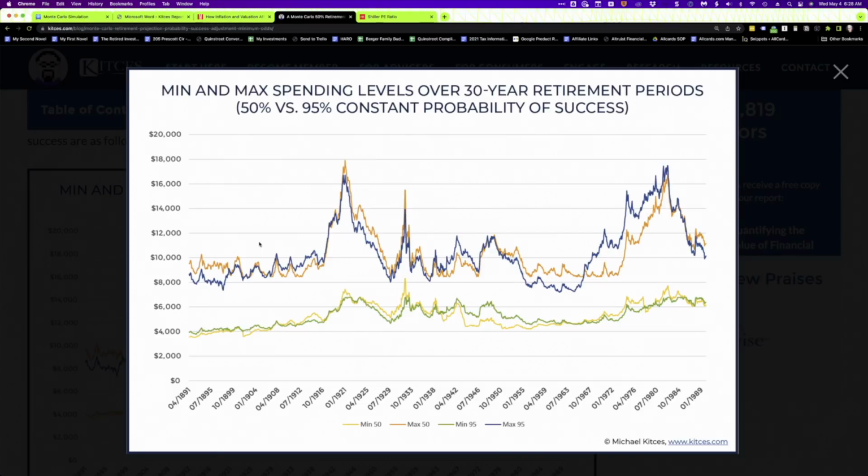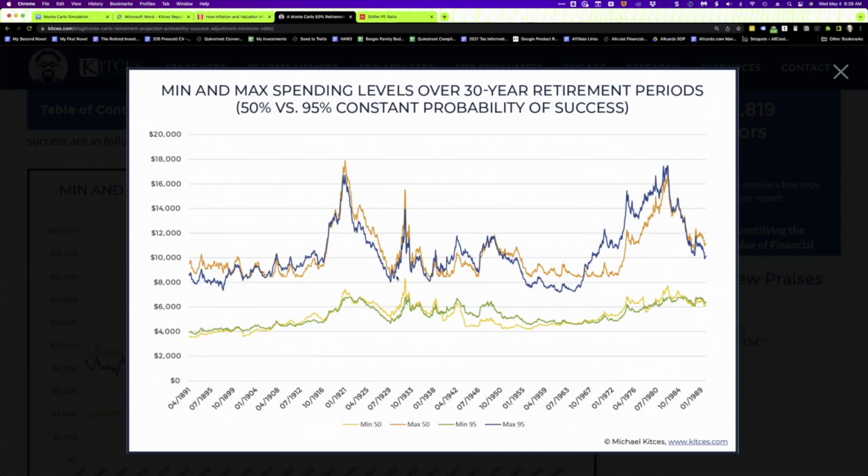So the way to read this chart would be, if you retired in 1967, the most you would spend in any given month would be right here, which is about 9,000, and this would have been your worst month, right? But again, the real comparison is 50% versus 95%. This is where you see the most variability right through here, and it's because of inflation. It's not because of stock market returns.